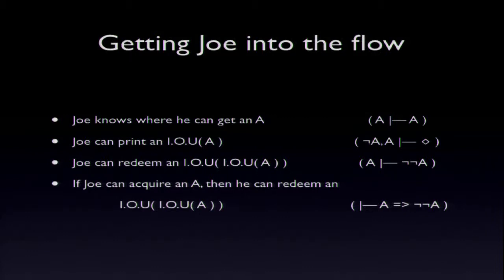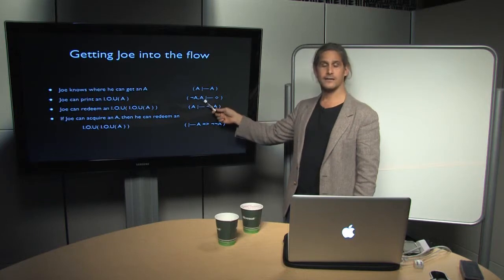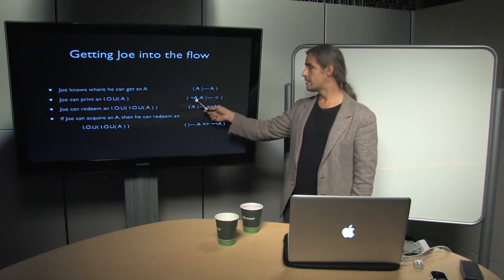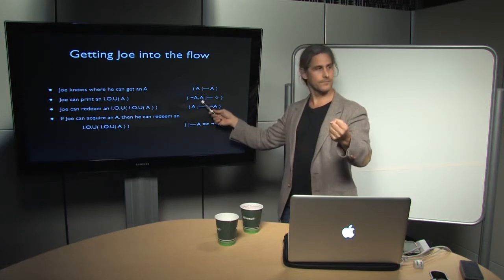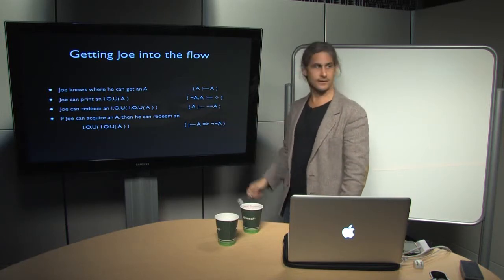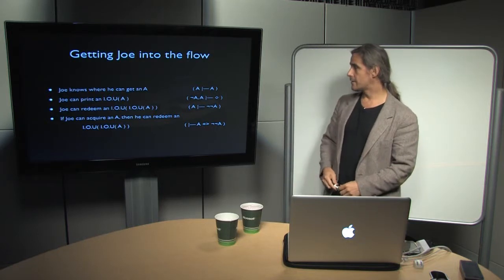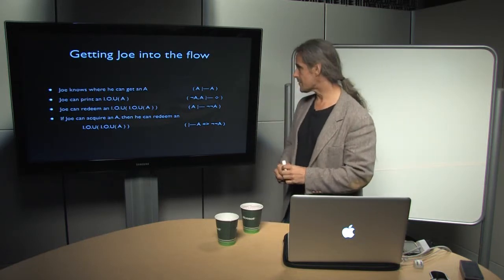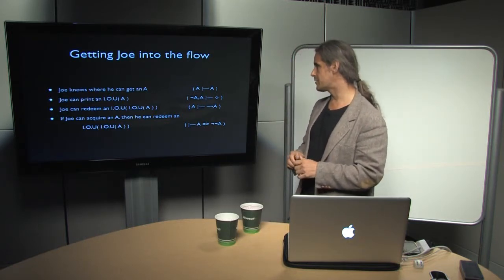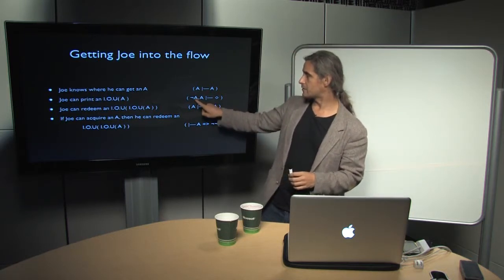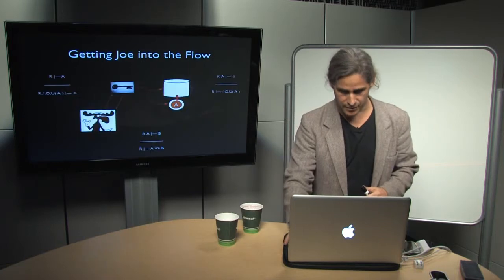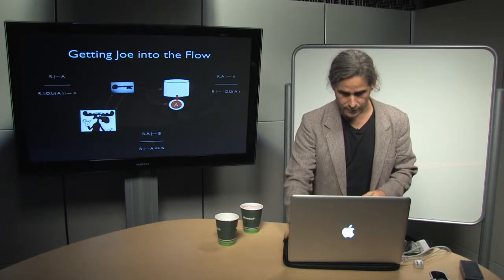So all we've done is say, with an A, I can print a reliable backed IOU. That's what this statement says. Okay? So now, the next statement is very interesting because it says, well, once I've created this IOU, so before I do that, I just want to show the rule, okay?